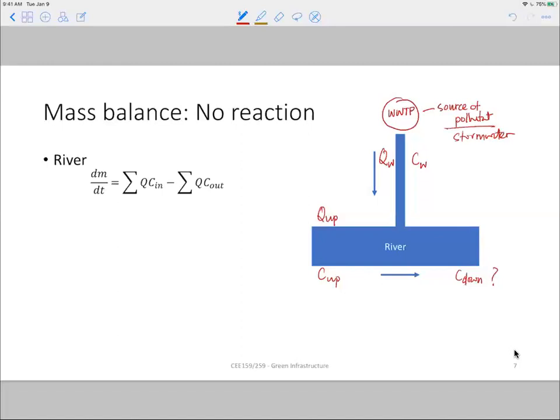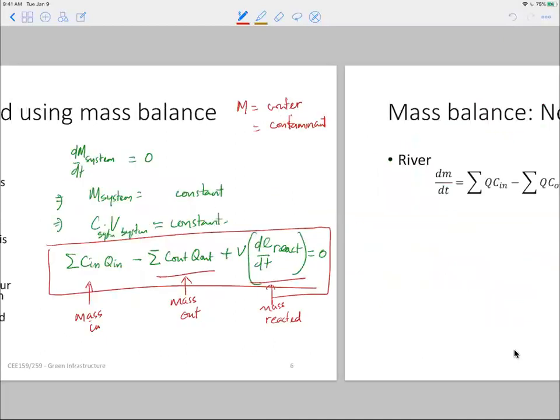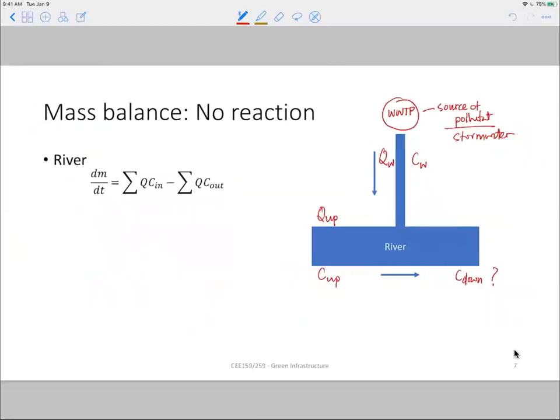So for that, let's start with the generic mass balance equation, as I said. Another example here is no reactions, which means pollutants are not reacting in the water. Also, let's assume this is a steady state, meaning a constant amount of stormwater is being delivered at a given time. If this is the case, the generic mass balance equation is V dC over dt of a system equals Q C in minus Q C out.